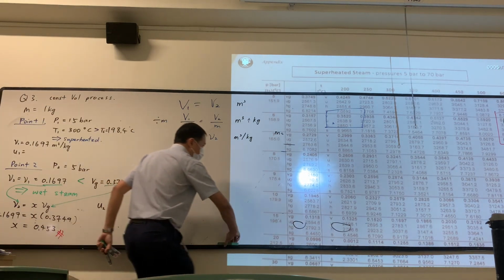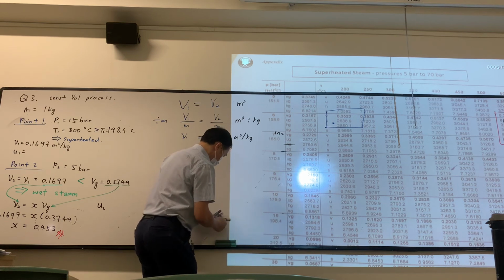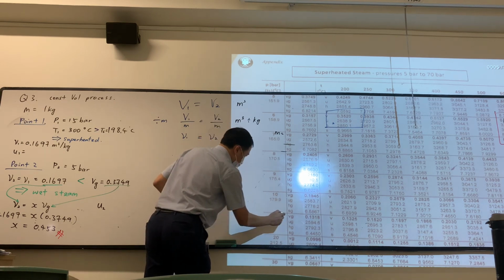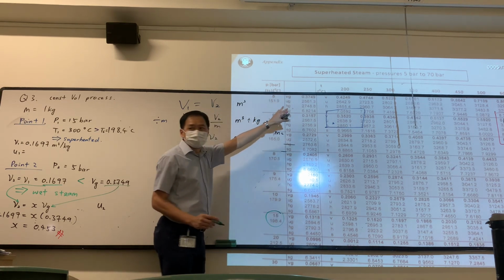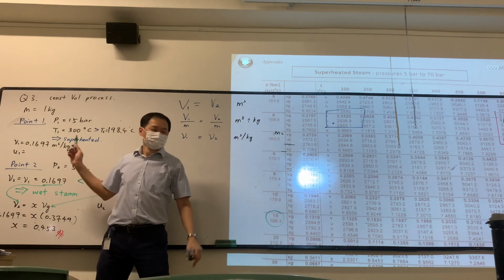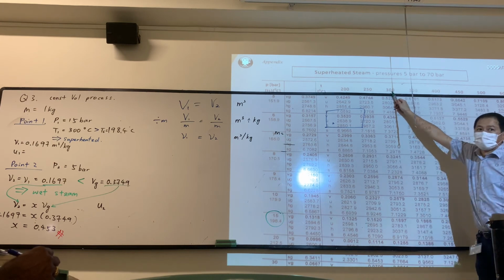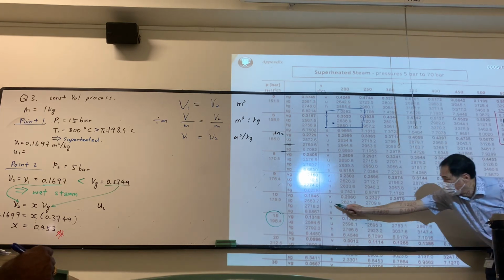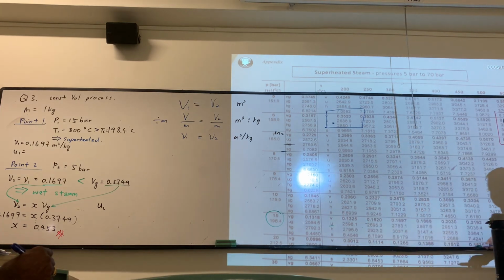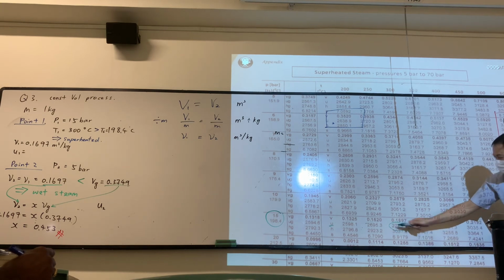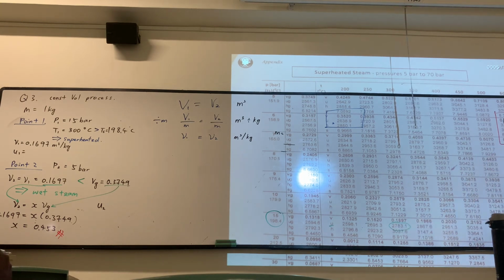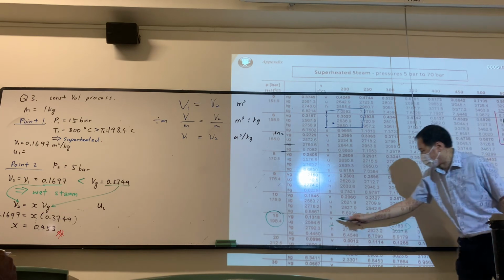U1 at 15 bar. This is superheated steam, I'm talking about superheated steam here. 15 bar, 300 degrees C. Look for U, at 300. Okay, correct.